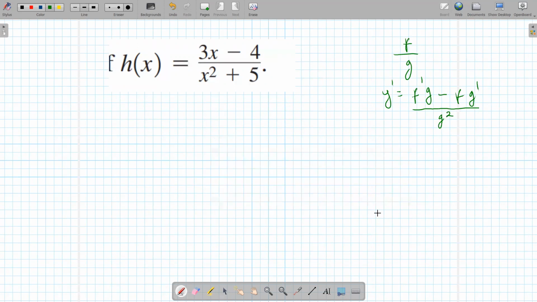Here, let me do this one. So f is the numerator, g is the denominator. f is 3x minus 4, so f prime will simply be a 3, times g, the denominator as it is, minus, now it's minus because this is the quotient rule, f as it is, so that'll be 3x minus 4, times what's g prime?